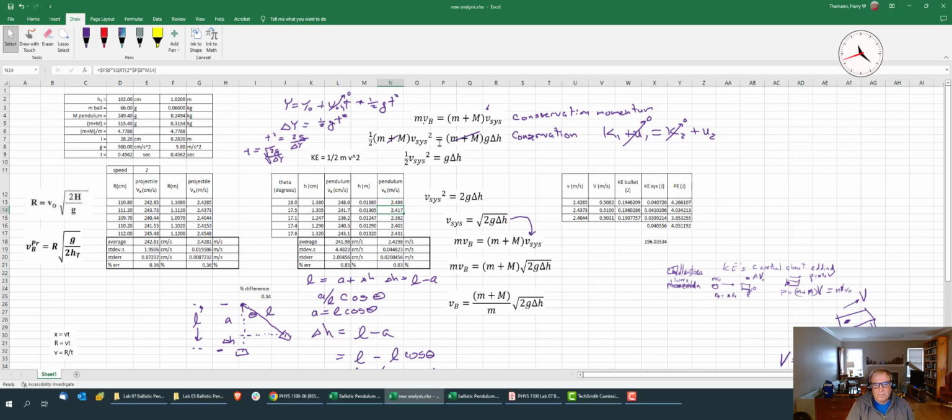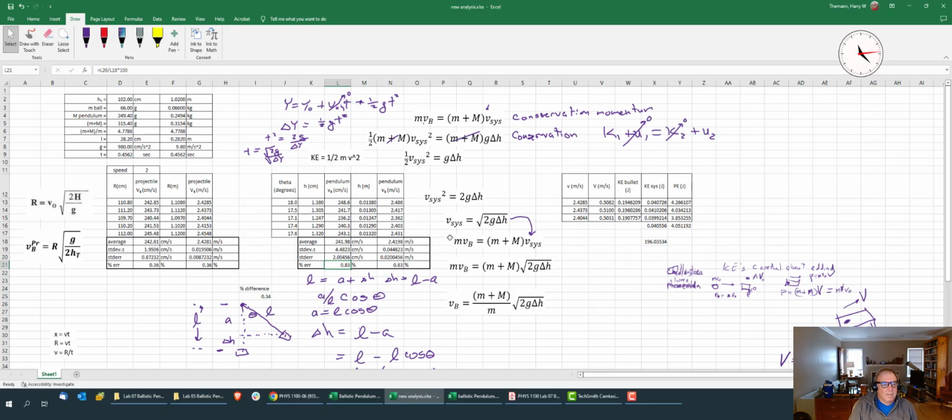I drag the fill handle and get all of them. And then once again, I get the average, standard deviation of the sample, and the standard error. And I get my percent error, which is the fractional error times 100.